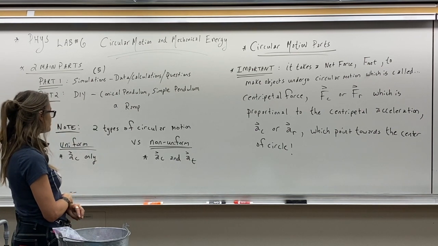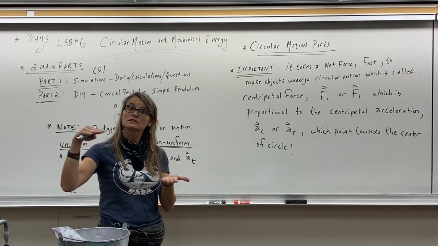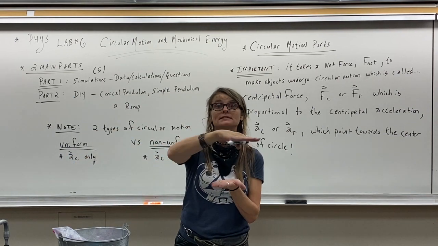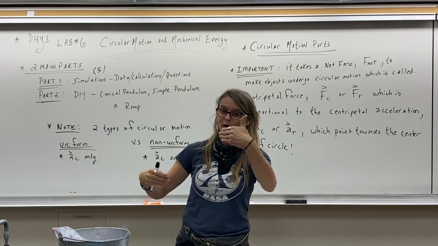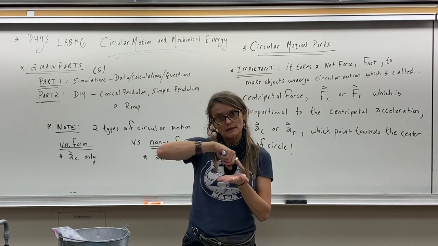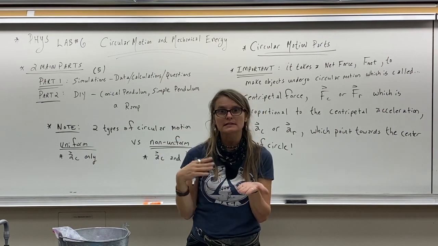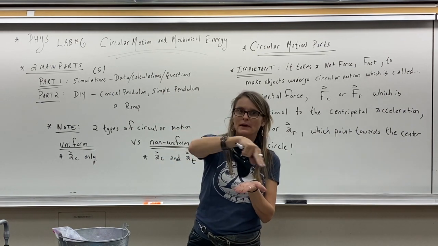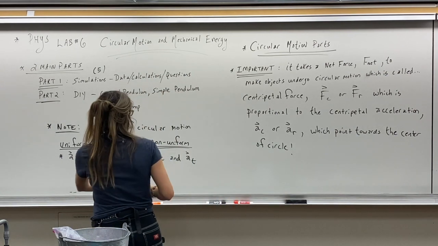Uniform circular motion is when it's going around in a circle at a constant speed. You still have acceleration based on the change of direction. Anything that you spin at constant speed, like playing a record at 70 RPM, has a center-seeking acceleration.